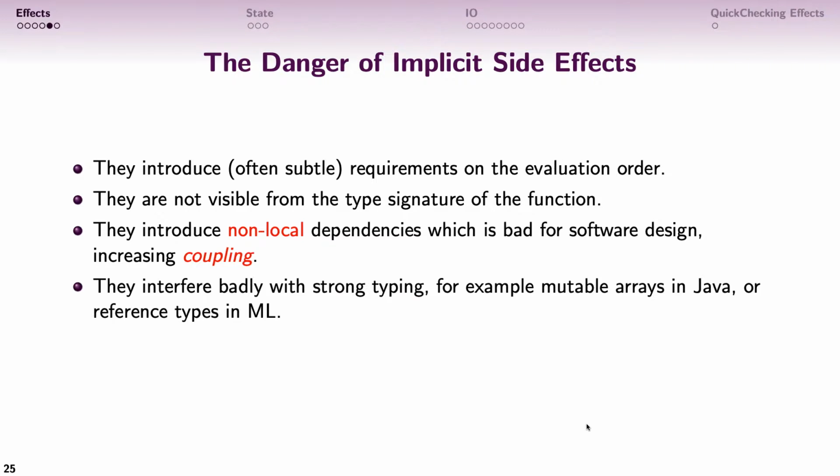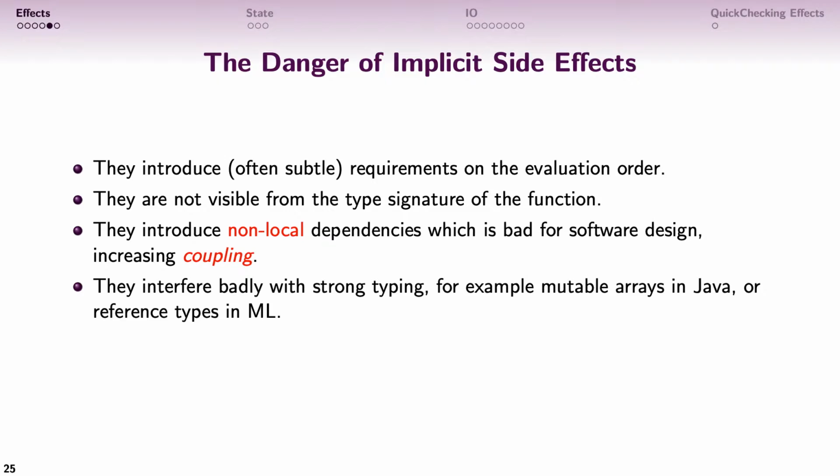It's no good. And if you do my other course, COMP3141, you'll find that this implicit side effects problem causes issues with strong typing. For example, the fact that arrays are mutable in Java or reference types in ML cause the strong type systems of those languages to have bugs in them.